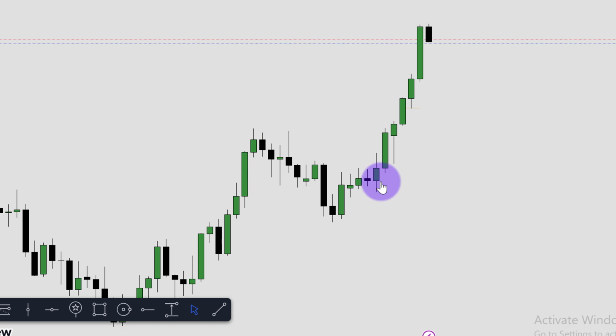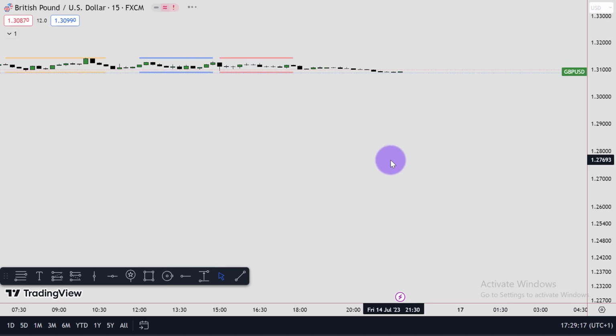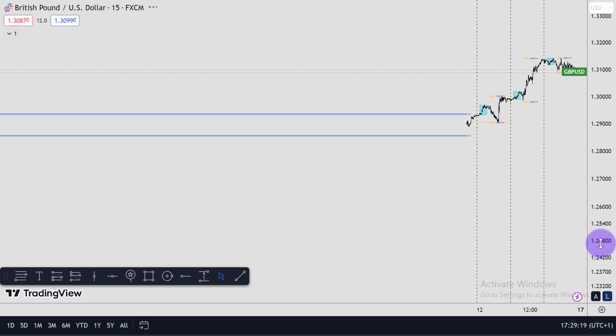So prior to that objective being met, we like to see price showing that willingness to take out previous daily highs in a bullish market structure or previous daily lows in a bearish institutional order flow. Once we can ascertain this, then we just go down to the 15 minutes time frame and apply this strategy I'm about to show you.